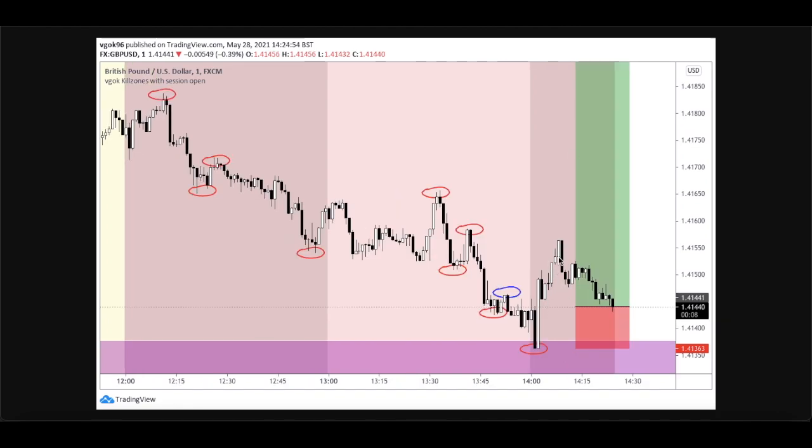Then, as price approaches our entry, I've also highlighted the main significant structural points within this downtrend, the significant lower highs and lower lows, and you can see the last significant lower high to be broken was this one in blue that I've circled here. Once that was broken, we then had confirmation, we had validity to go for this buy scenario.